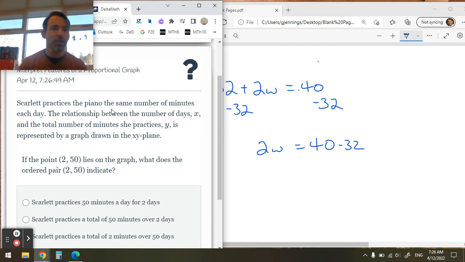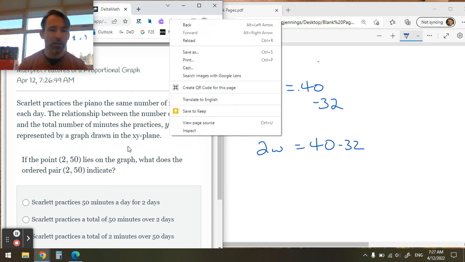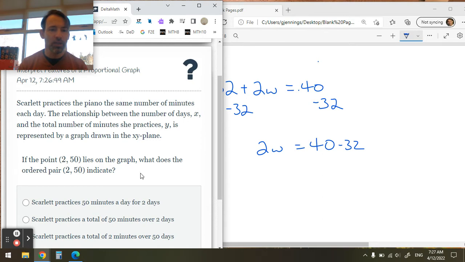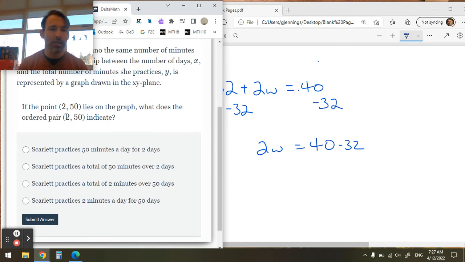understand what that means. So here's a question about Scarlett. Okay, she's practicing the piano for the same number of minutes each day. The relationship between the numbers of days x, and remember x is always written first in these ordered pairs, and the total number of minutes practiced is y, is represented on a graph. And if the point (2, 50) lies on the graph, what does that indicate?